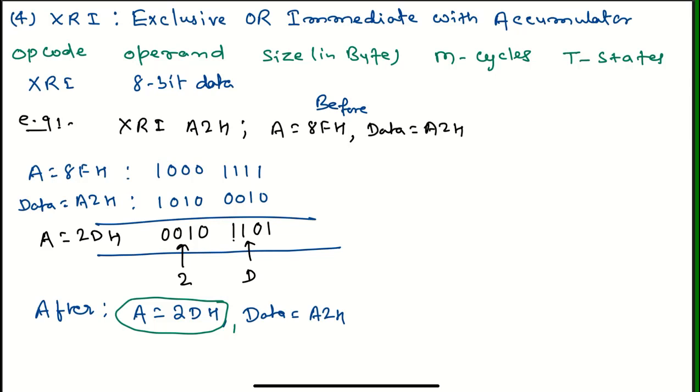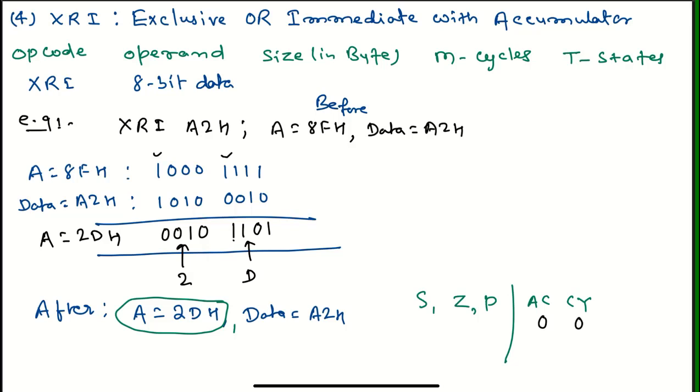So sign, zero and parity will change as per the result, but the auxiliary carry and carry flags will always be reset after execution of this instruction. Because we have seen that even from the fourth stage or the eighth stage, there cannot be any extra bit generated. Due to that reason, the auxiliary carry and carry will be reset for this instruction.